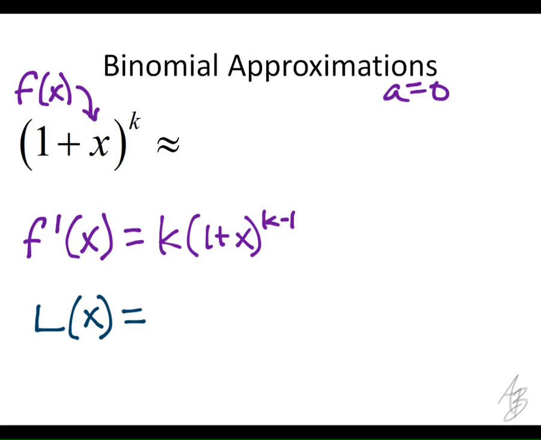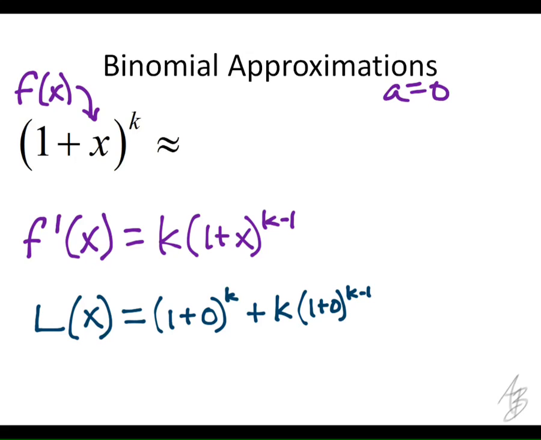The first thing is f of a. What is f of a? Let's write it out. It's going to be 1 plus a, where a is 0, to the k. So it's 1 to the k. It's 1 to some number, which is going to be 1. Okay, plus the derivative at 0. Well, the derivative at 0 is going to be k times 1 plus 0 to the k minus 1.